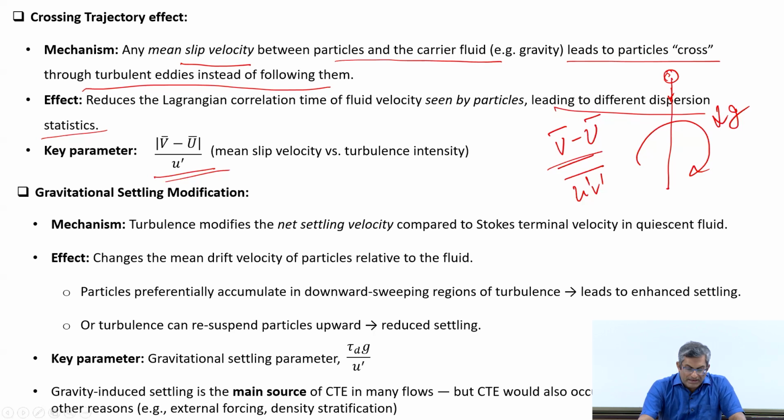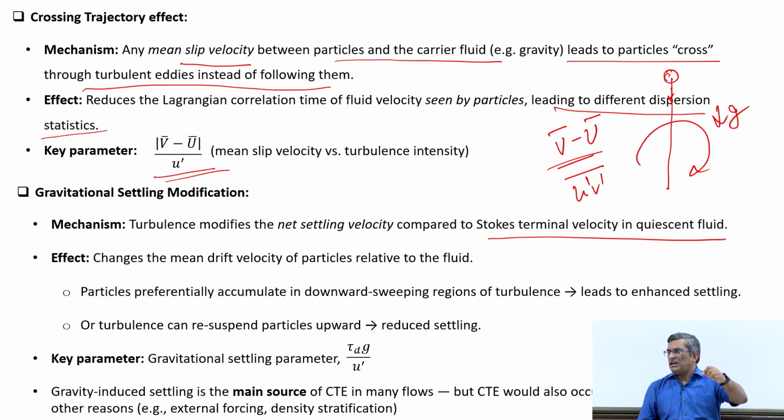Also, the difference in density of the fluid can cause it. But for gravitational settling, here we are referring to only the effect of gravity. In this case, the turbulence modifies the net settling velocity compared to the Stokes terminal velocity in quiescent liquid.